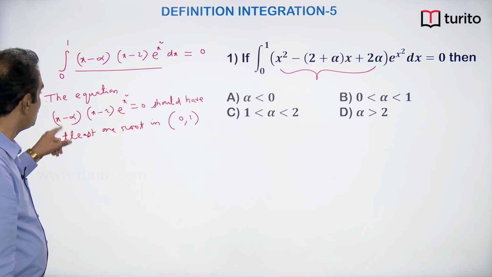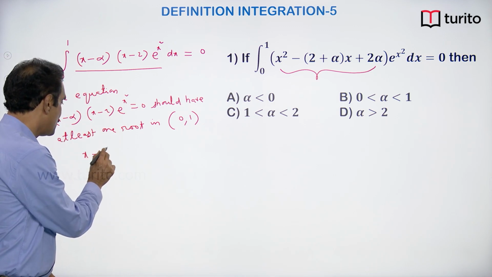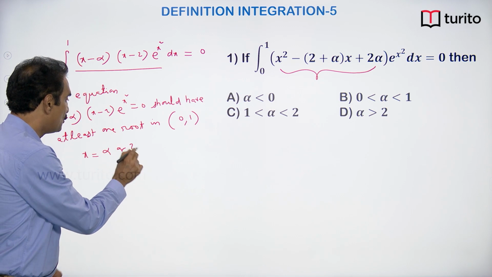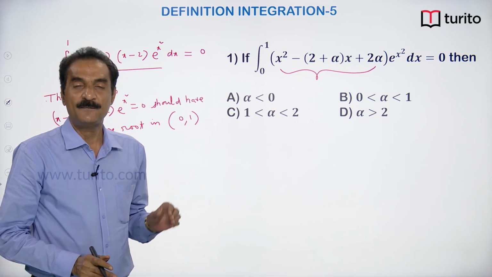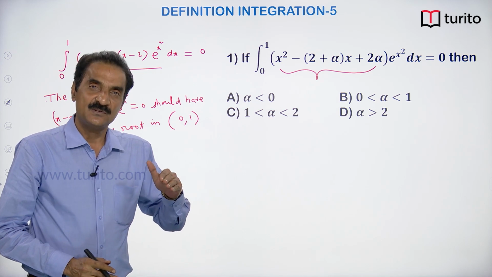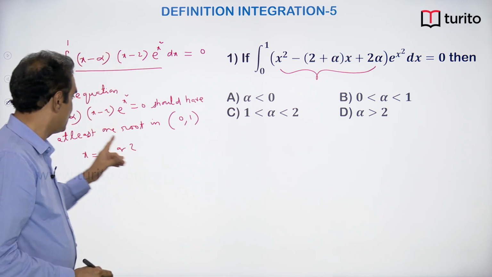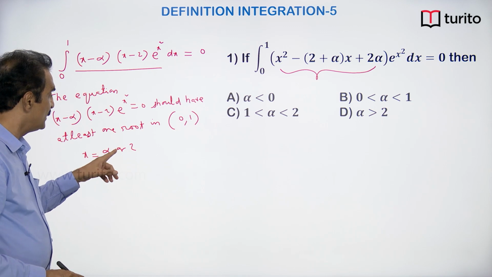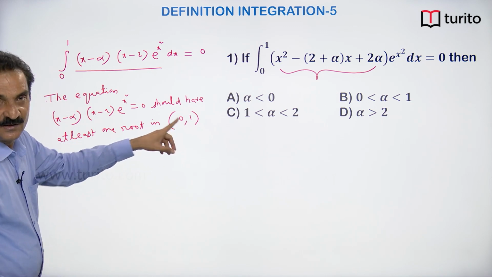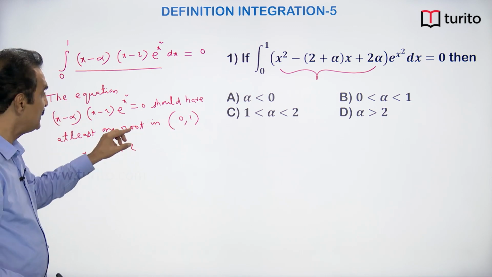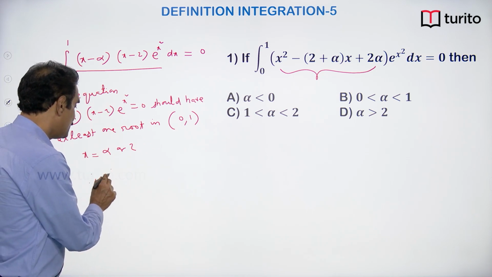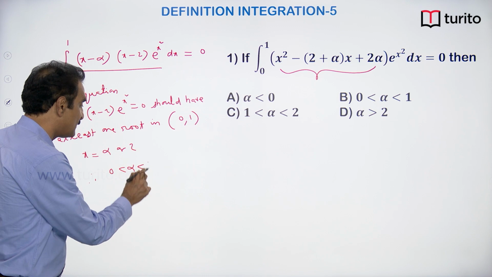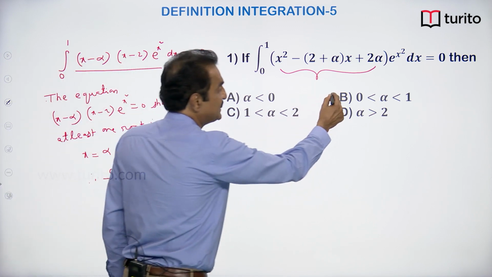What are the roots of this equation? x is equal to alpha or 2. e power x square is never 0. Graph of e power x square will be strictly above the x axis. So, the roots are alpha and 2. 2 does not lie in this interval. Therefore, alpha should lie in the interval 0 to 1. Therefore, 0 is less than alpha less than 1. Answer is option B.